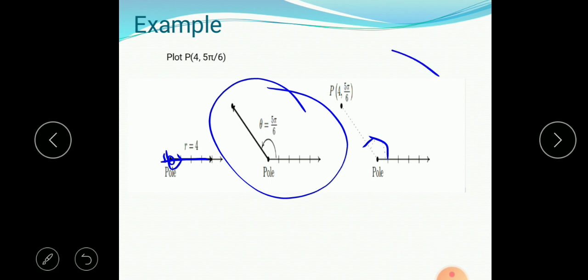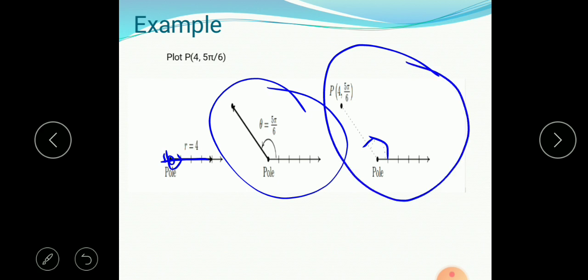So in this picture shown, essentially, we are locating a point on the terminal side of 5π/6, which is 4 units from the pole.